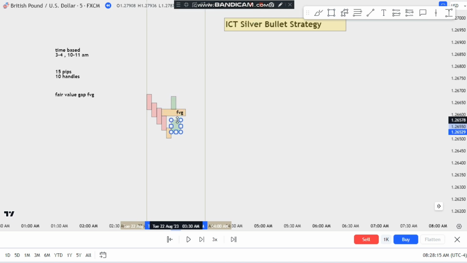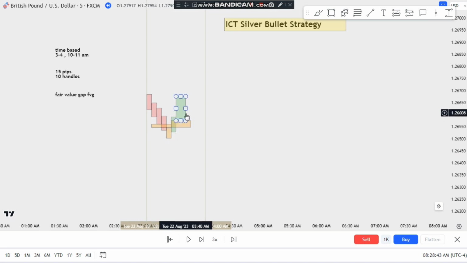So then there will be confusion for you of whether to enter into shorts or longs. Let me draw this again. You can see there is a fair value gap to the downside and a fair value gap to the upside. Now should you enter into your shorts from this fair value gap, or should you enter into longs from this fair value gap?